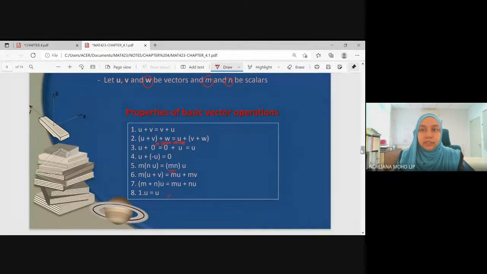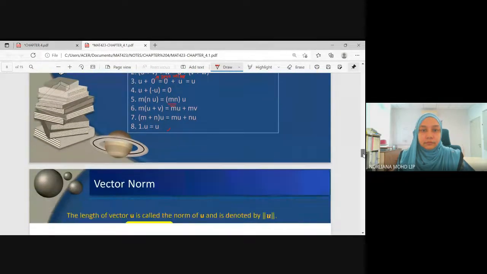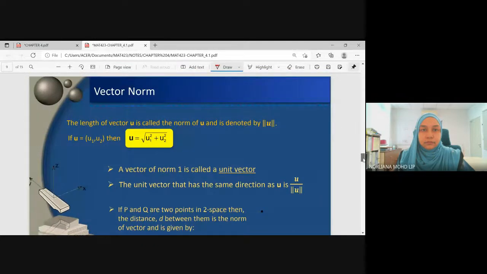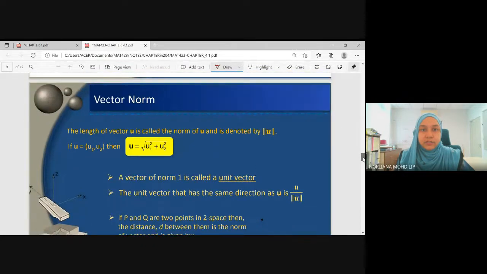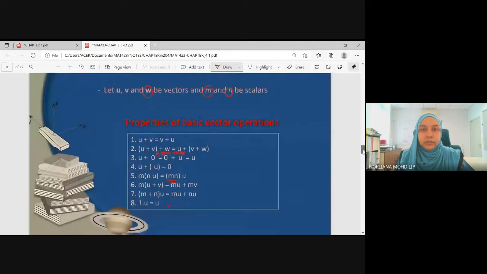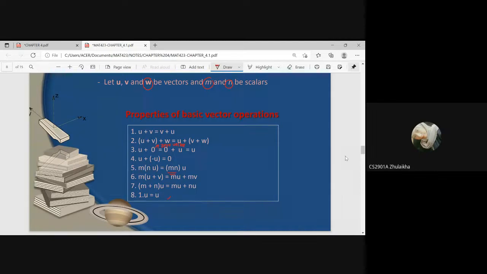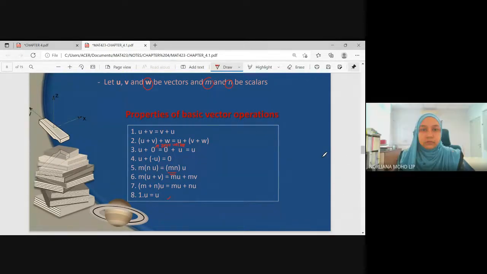In the next subtopic we will learn how to prove these properties. Any questions on the properties of basic vector operations? We will look at this in the next subtopic. This is just an introduction.